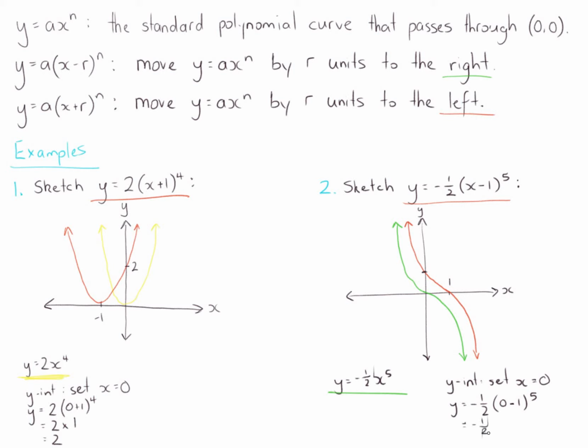Now 0 minus 1 is negative 1, and negative 1 to the 5th power stays as a negative. When we have negative a half times negative 1, we get positive a half. So our y-intercept here is a half. And that is our curve sketched with the relevant details.